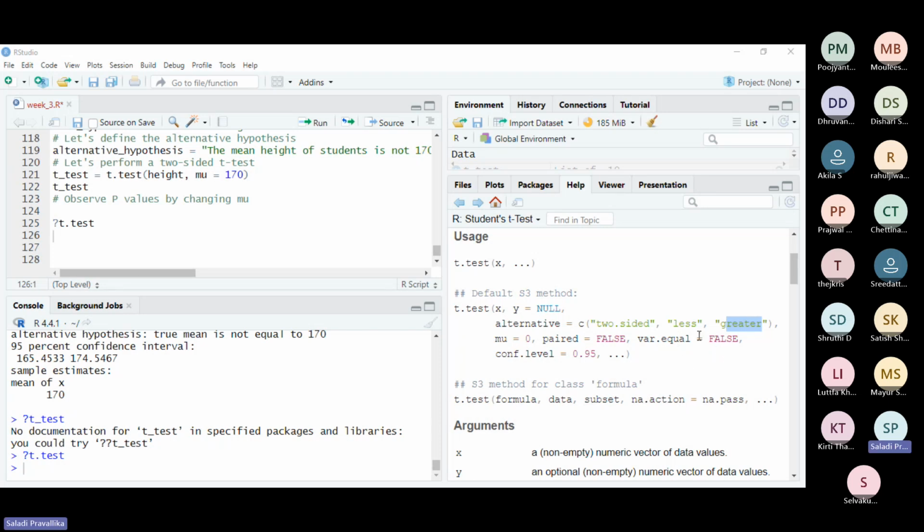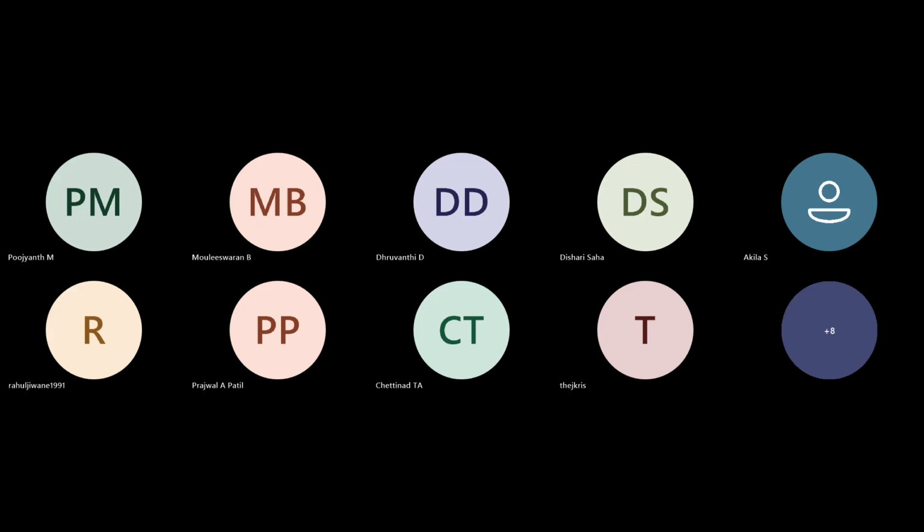Basically, chi-square is also one kind of distribution. It is quite clear in the slides if you would like. I'll just share this screen instead of this.